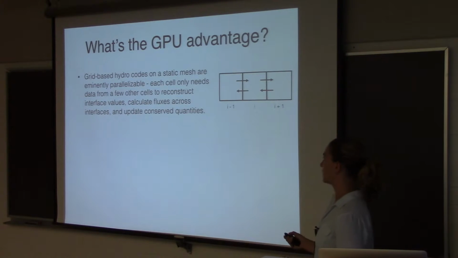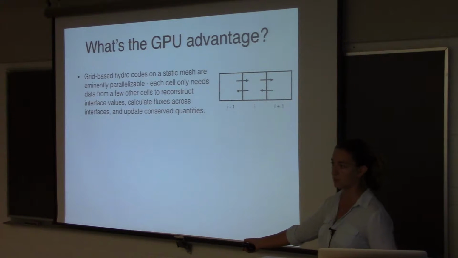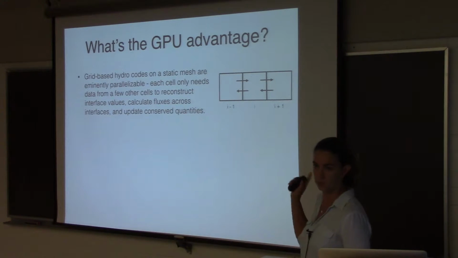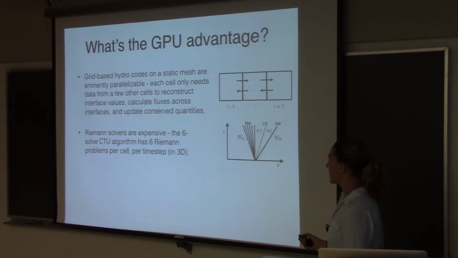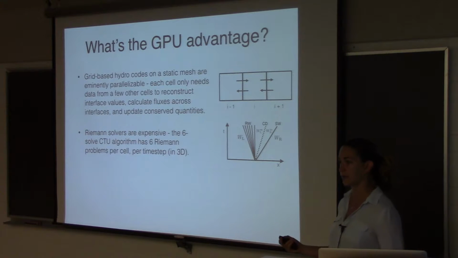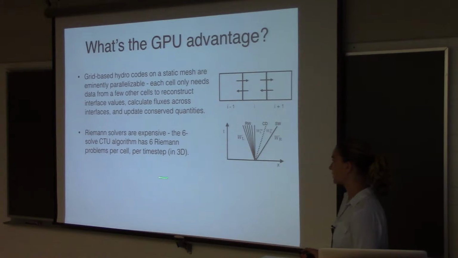And so you could easily calculate the hydrodynamic variables for a cell on one side of your volume without caring about what's happening at the other side of your volume. You can do them in parallel. And in addition, the algorithms that have been developed to solve hydrodynamics, and in particular things like Riemann solvers, are very computationally expensive. So speeding those calculations up is often a way to automatically make your code faster.